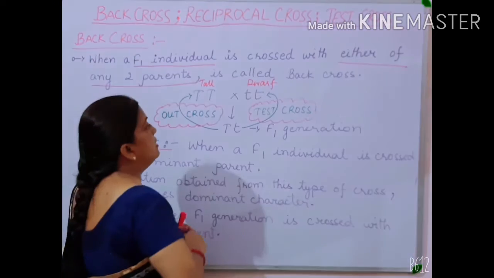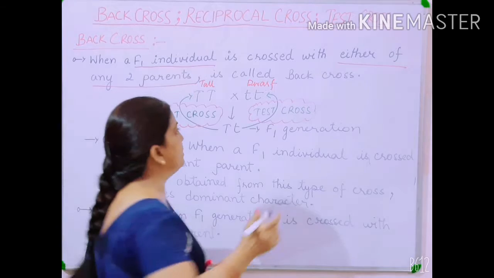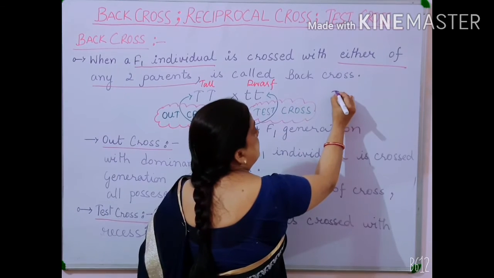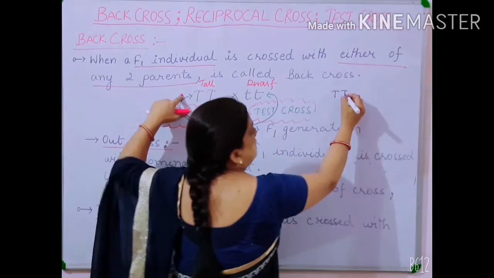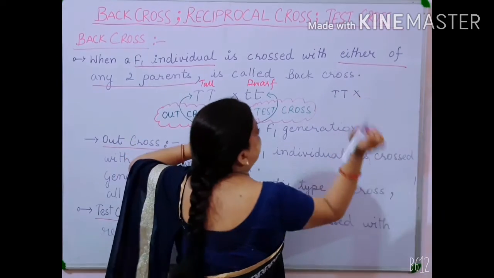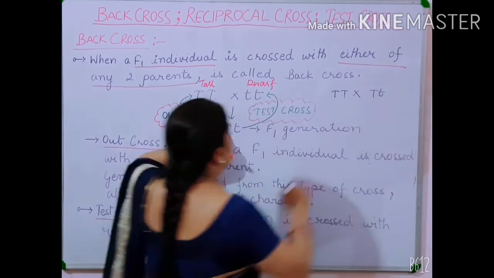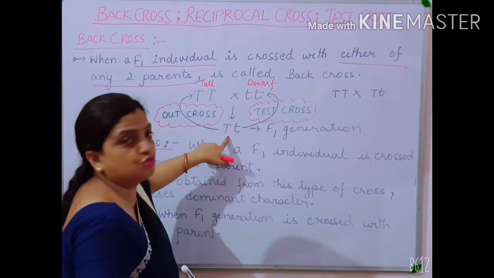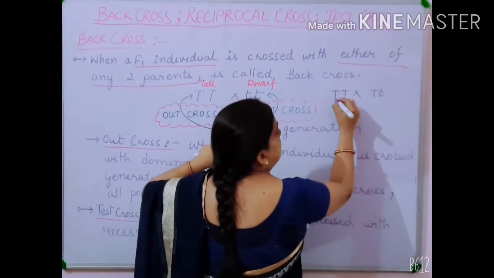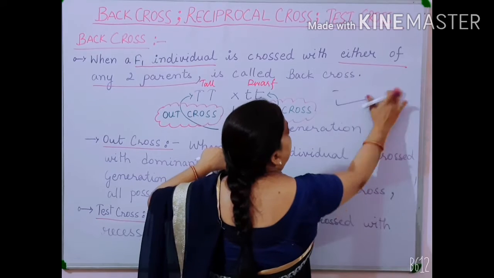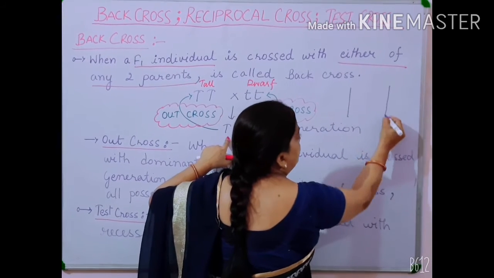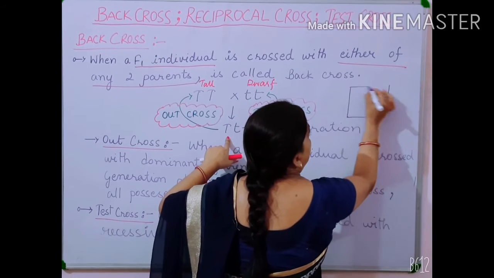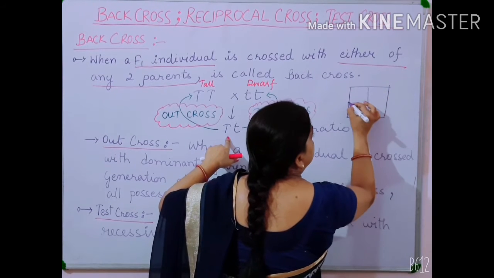Similarly, according to the outcross method, I cross capital T, the dominant tall plant, with the F1 generation, capital T small t. So what will I get? You can make it as a checker box, a Punnett square box.